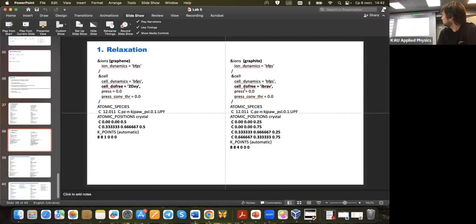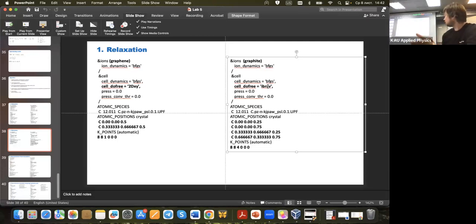Also, an interesting thing: it's ibrav pseudo free. This is the relaxation setting for the cell, how we will relax our A, B, and C vectors. If I say type ibrav pseudo free, it means that it will relax the A, B, and C vectors but keep them inside this symmetry.